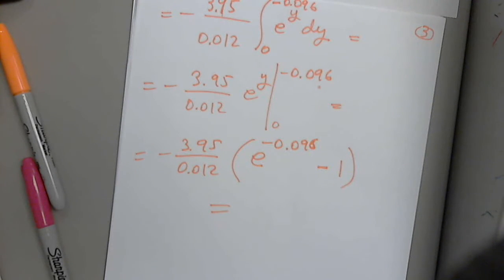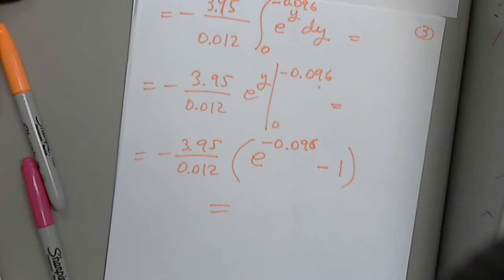Negative in front, 3.95, open the parenthesis, e raised to, in parentheses, negative 0.096, close the parenthesis, minus 1, close the parenthesis, and now divide at the very end by 0.012.